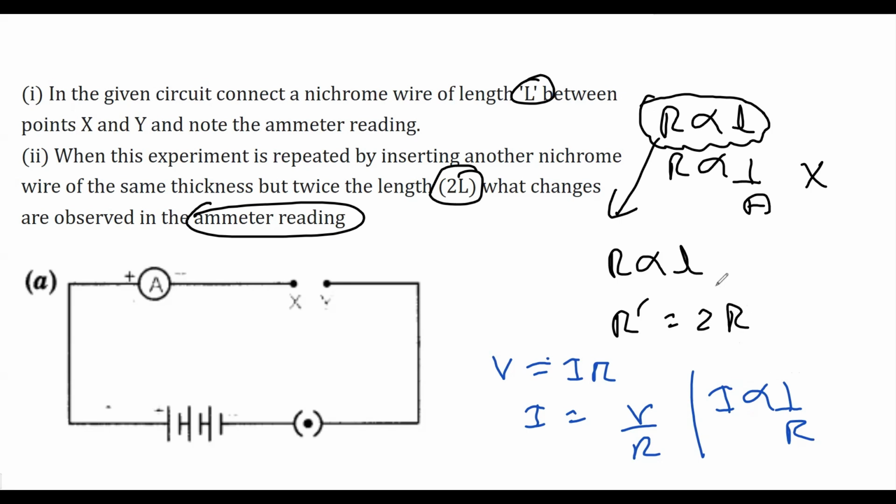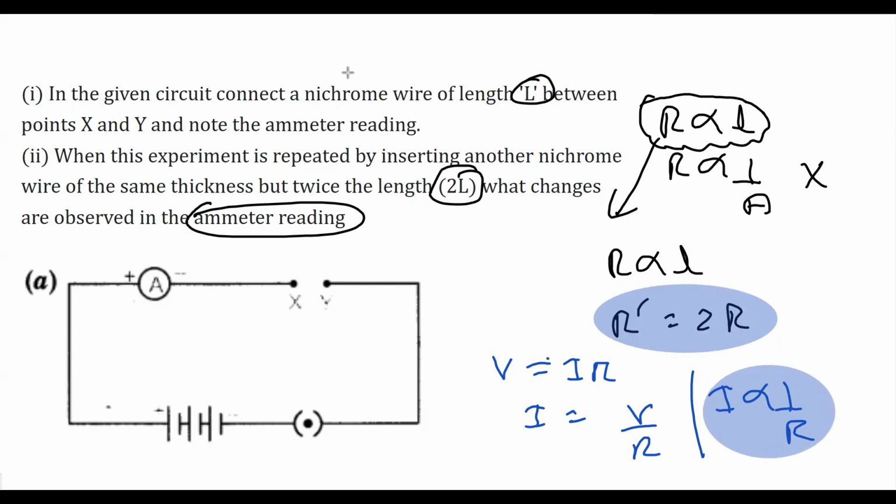So as you can see, the resistance is being doubled. That's clear from here. The resistance is being doubled, so the current will become half. One more time, use these two relations. Just look into these two relations here.